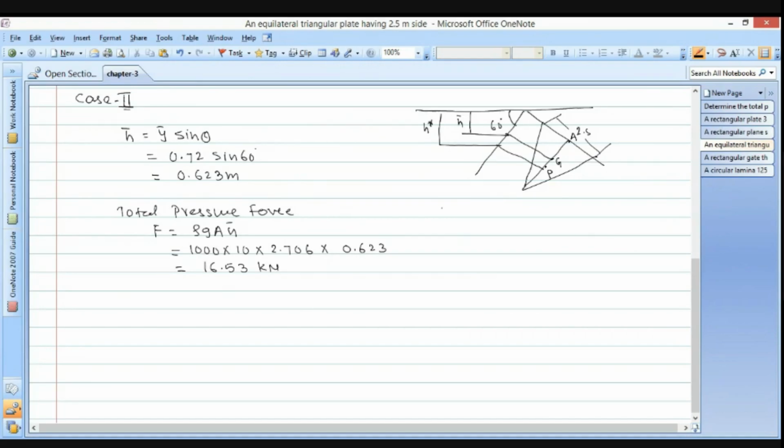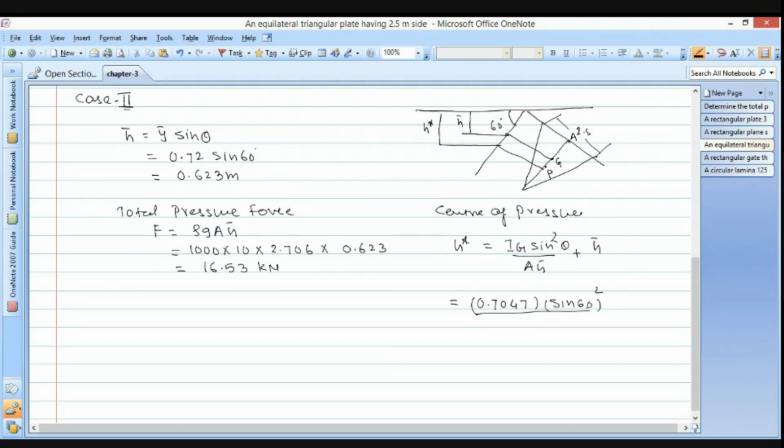And the center of pressure, it is h star, which equals Ig into sine square theta upon A h cut plus h cut. So the value of Ig remains the same as we calculated in first case, that is 0.7047 into the value of theta is 60, so sine 60 to the power 2 is there.